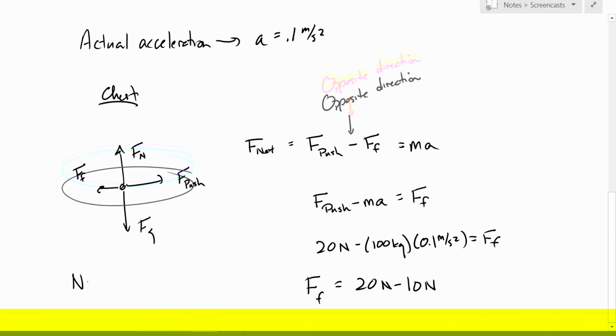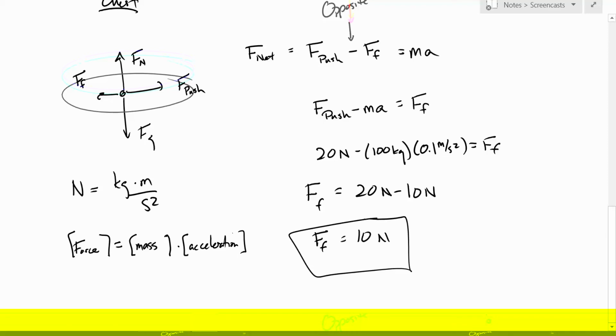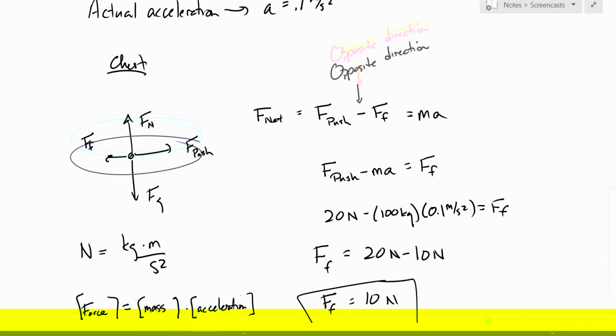P.S. A newton is a kilogram meter per second squared, because a force is a mass times an acceleration. These brackets tend to mean units of, but whatever. Anyway, so the friction force, 10 newtons. Turns out friction is half as strong as Bob.